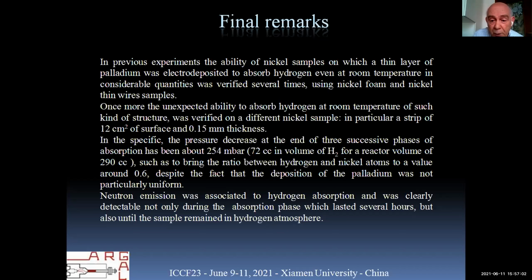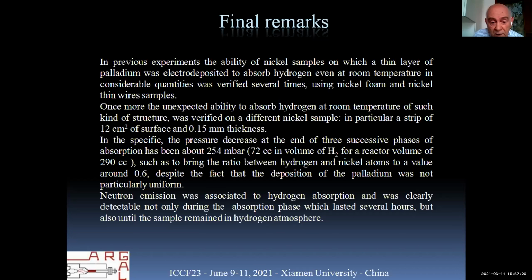different nickel sample, in particular a strip of 12 square centimeters of surface and 0.15 millimeters thickness. In the specific case, the pressure decrease at the end of the 3 successive phases of absorption has been about 254 millibar.